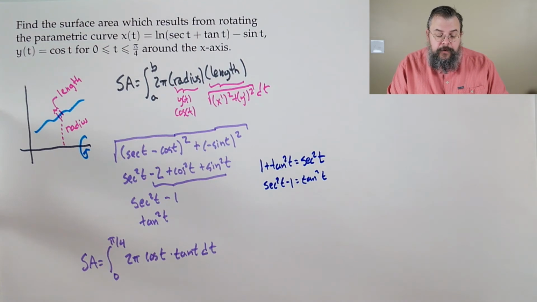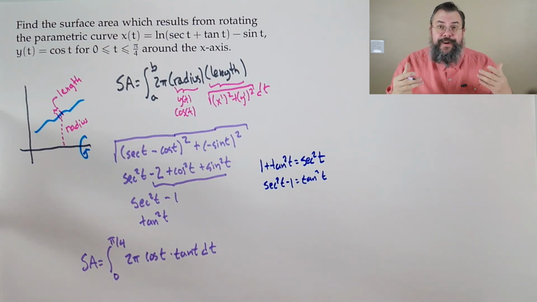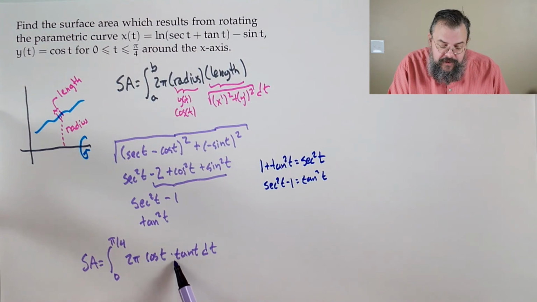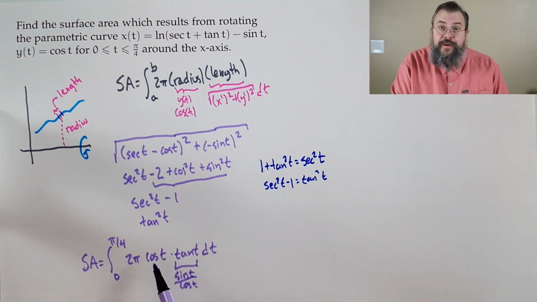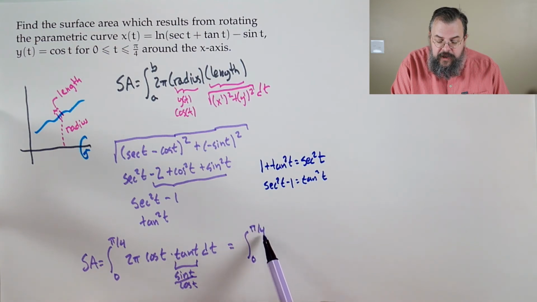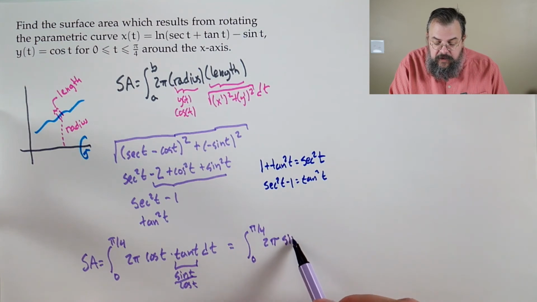Now, we've got to figure out how to integrate cosine times tangent. Well, we don't, but maybe we can rewrite it. Tangent is sine over cosine, and lo and behold, we have a cosine. They cancel out. So this becomes the integral from 0 to pi over 4 of 2 pi sine t.